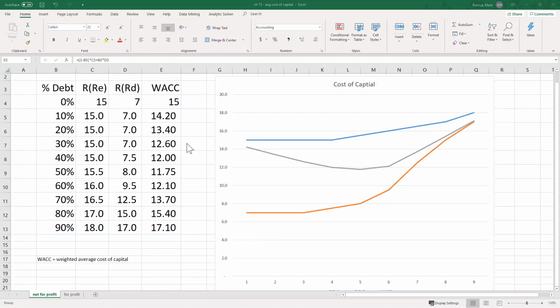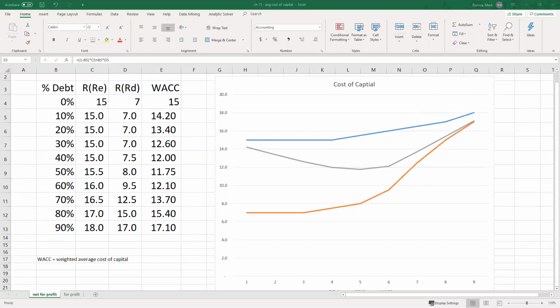So by changing my capital structure from 100% equity to 30% debt and 70% equity, I reduce my hurdle rate from 15 to 12.6. So if I can cut my hurdle rate from 15 to 12.6, you guys who said discount rate, hurdle rate, you identified that.